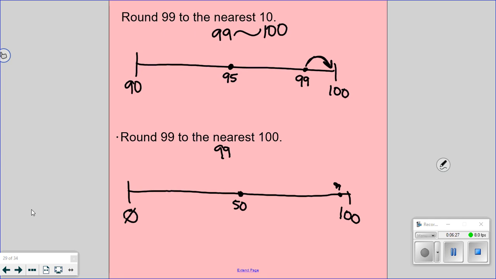Go for it. 99 rounded to the nearest 100 is about 100. Hey, look, we rounded to the nearest 10, and we got 100. We rounded to the nearest 100, and we got 100. Did we land on the same friendly number? Yes. Yeah, cool. You think that always happens? Let's find out.